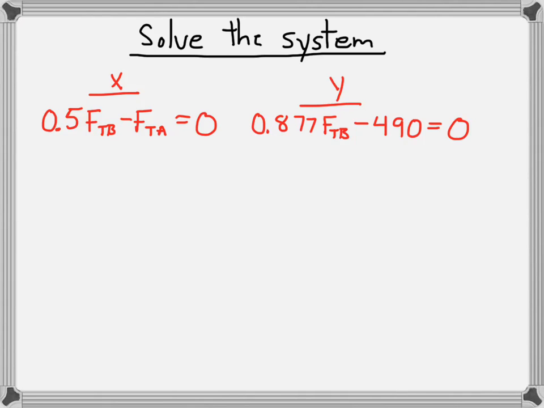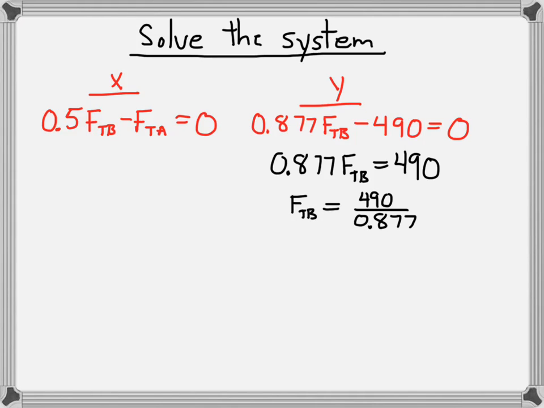So I need to add 490 to both sides of the equation, so I get this. And then to get rid of the 0.877, I have to divide. So when I divide both sides, I will get this. So the tension force in chain B is just 490 divided by 0.877, and the number I come up with is 559 newtons.